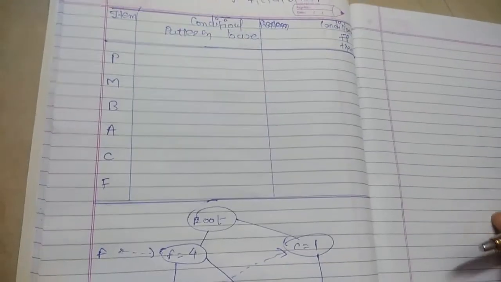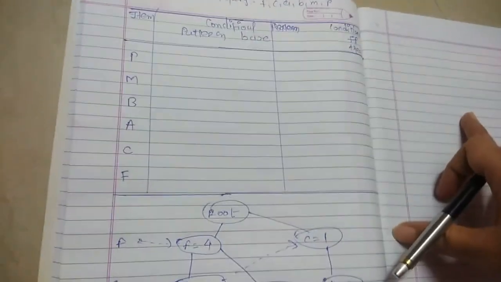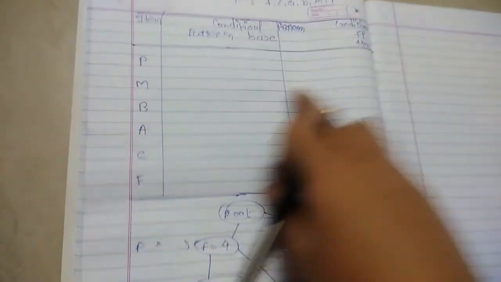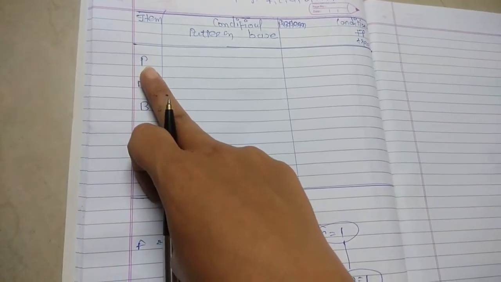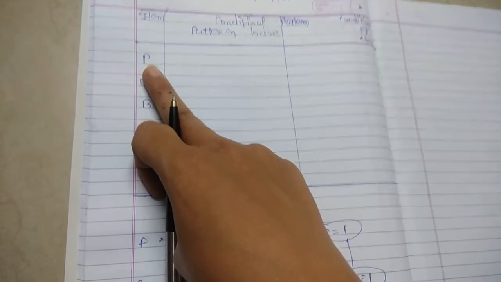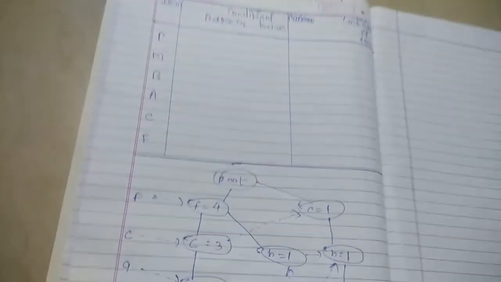And now for the conditional pattern base, I have to write the path to reach the P node. To reach the P node we have two main paths.